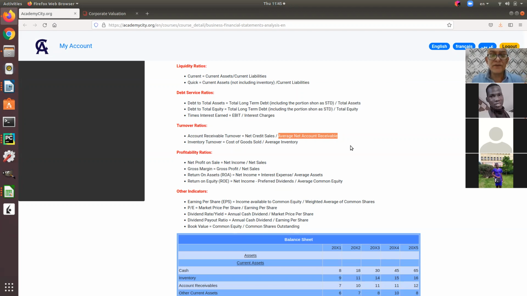Okay? And you will see we do the same thing with inventory. For inventory, by the way, we use cost of goods sold. That's how much it cost me to generate the revenue, the direct cost of generating the revenue. And we compare it to the average inventory we hold in the business. Again, I would like to hold as little inventory as possible.